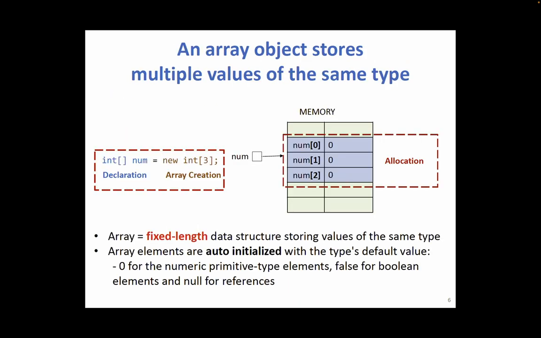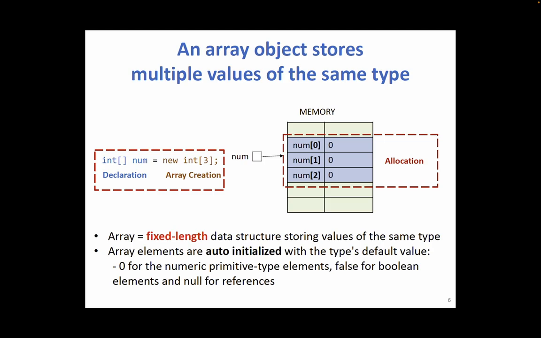And when we again declare an array, integer num, as you can see, and then we create it with the size of 3, what happens is we just allocate memory, but its content will first be empty. Since it's an integer array, the default value will be 0, but you can say that it is an empty value.